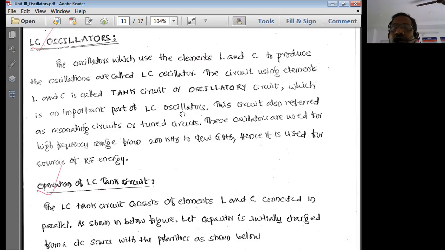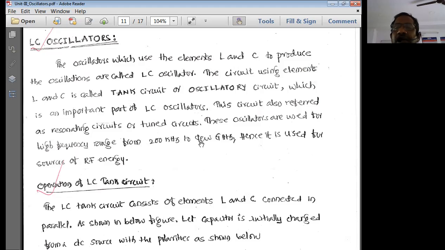Once the frequency set by the LC tank circuit becomes equal to the frequency of the input signal, that frequency will propagate into the device. That is the basic concept called impedance matching. Once the impedance gets matched, the signal is transferred into the load. So in that concept, this LC can be called a resonating circuit or a tuned circuit.